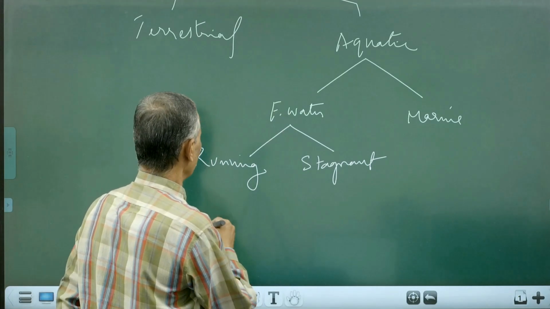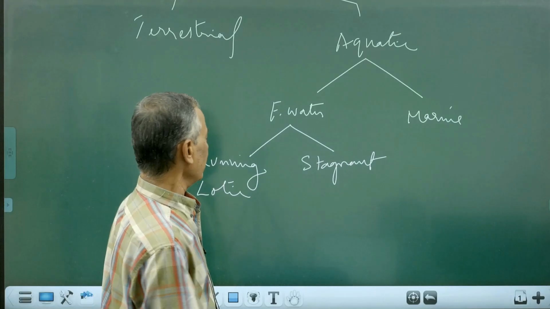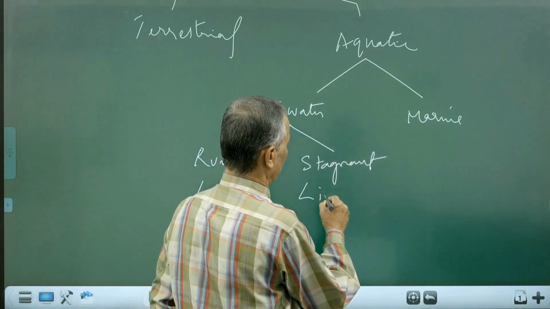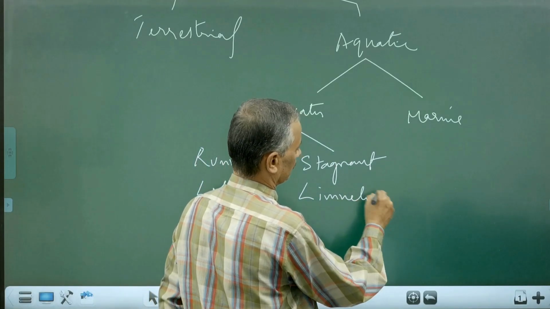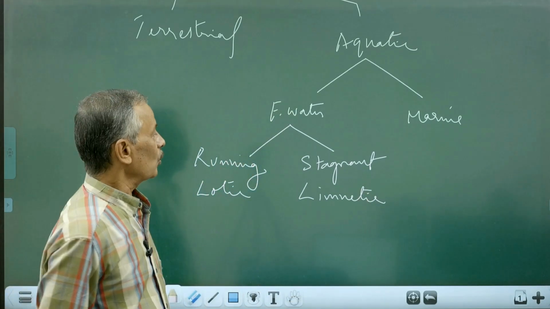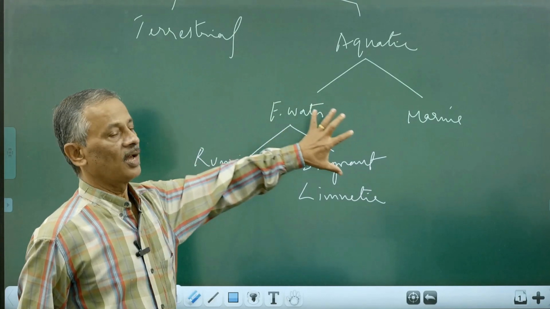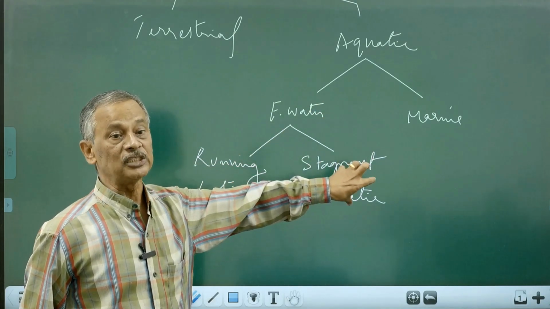Running water bodies are called lotic, and stagnant are called limnetic. Okay, so we can classify ecosystems according to the nature of the medium.